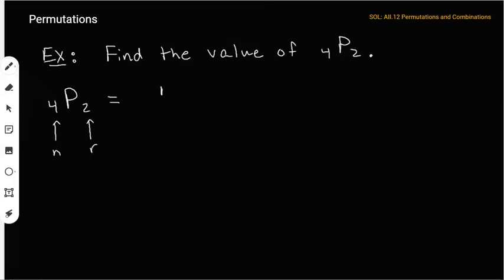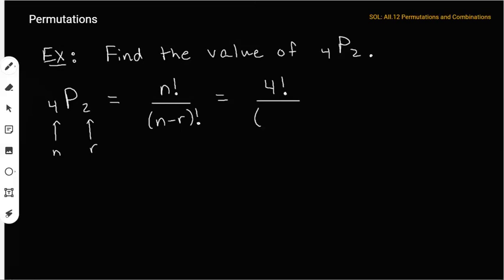So the formula was n factorial divided by n minus r factorial. Now in the problem, n is equal to 4. So I'm going to have 4 factorial on the top of the fraction. And on the bottom of the fraction, I'm going to have n minus r.